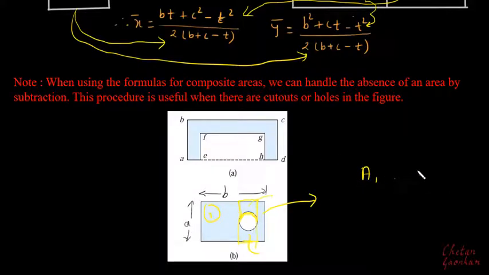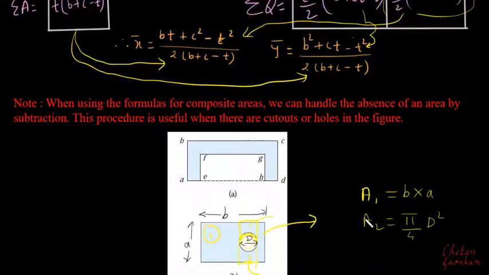I can write the first area as B multiplied by A. And if I am considering this to be the second area, A2 will be pi by 4 capital D square, where D is the diameter from here to here.